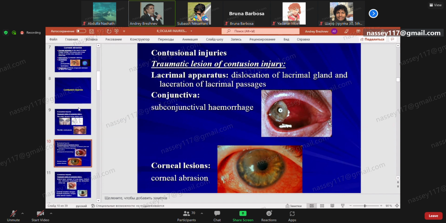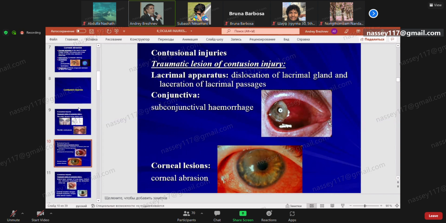Conjunctiva. In case of conjunctiva, we can see the so-called subconjunctival hemorrhages. Here you see the patient with a huge subconjunctival hemorrhage. We can see a lot of blood between the conjunctiva and underlying sclera. It appears as a bright spot in case of small trauma, but here you see more severe trauma.